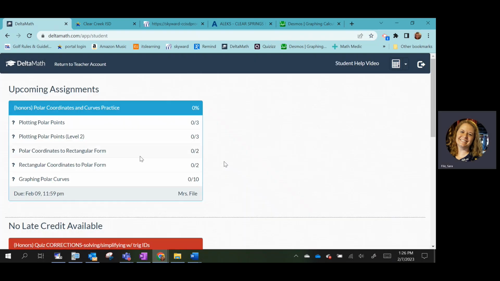And you have a mixed practice on polar coordinates and curves. Okay, Delta Math unfortunately did not have with-technology practice, like finding those points of intersection. So that's why I put those on the paper for you to go through and practice that process in your calculator.